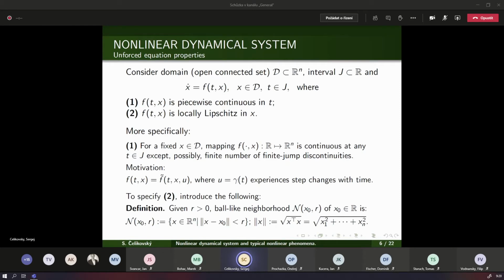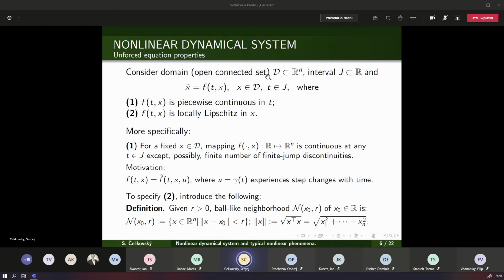So here we would like to start with some mathematical theory, how to study these basic properties when we have nonlinear ordinary differential equations. So again, you can see here we will study this nonlinear differential equation, and we will consider the so-called domain.